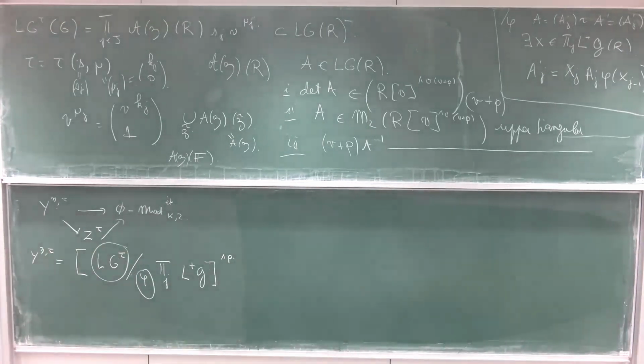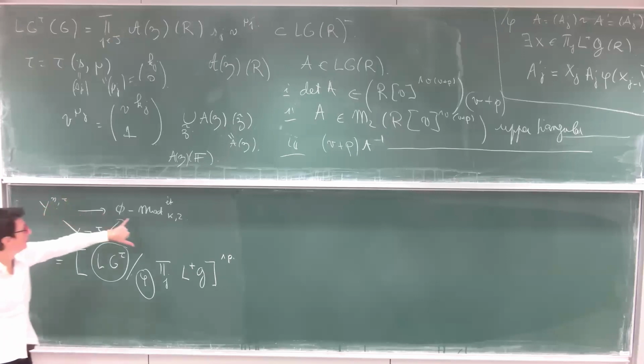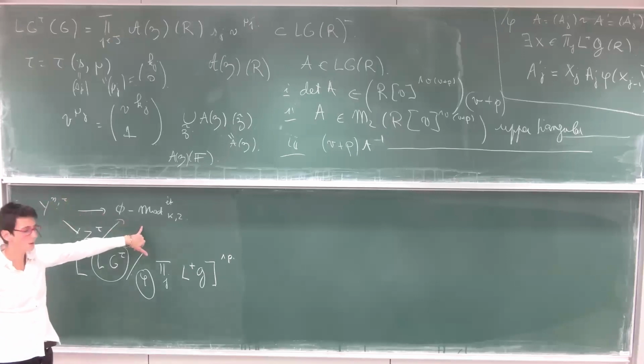So roughly, the map from the Barsotti-Tate module to the phi module is as follows: you have a nice basis where the Barsotti-Tate modules are described by such matrices, and you send these matrices here, which gives you the matrices of the phi module, functorially.